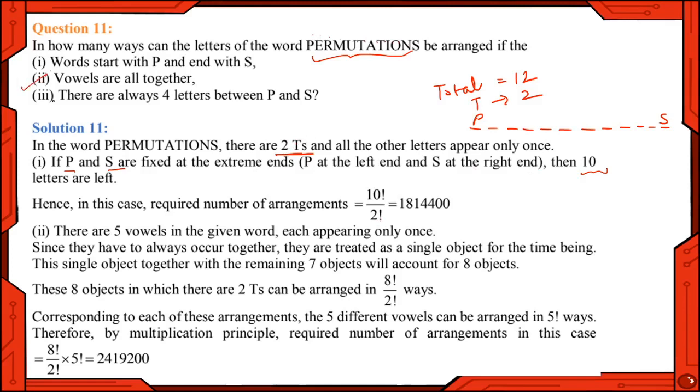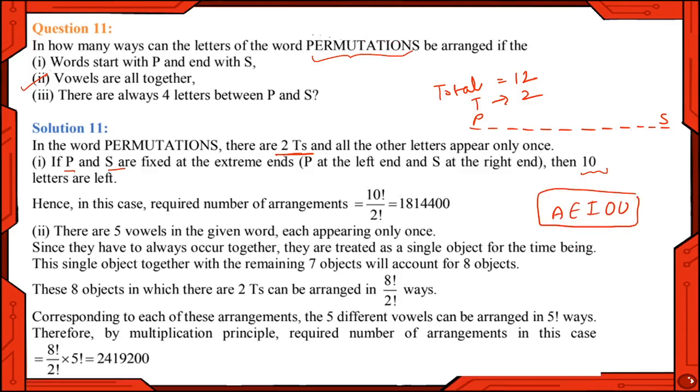Second, they are saying vowels are all together. So there are 5 vowels in this given word, each appearing only once, right? They are saying all the vowels will come together. Same case as we discussed on the last slide about I's. All the I's will come together. Now there are 5 vowels and they all 5 vowels will come together. So let's keep them together, A, E, I, O, U, and consider it as one object.